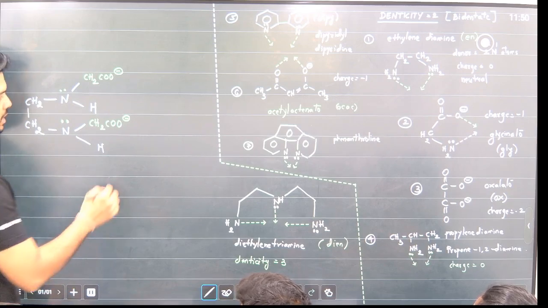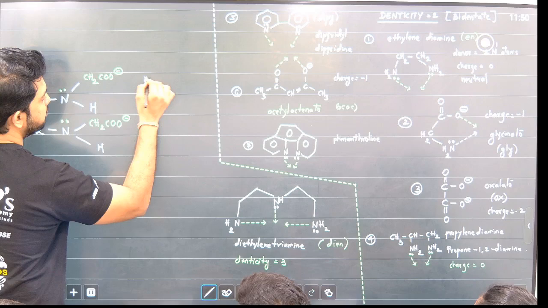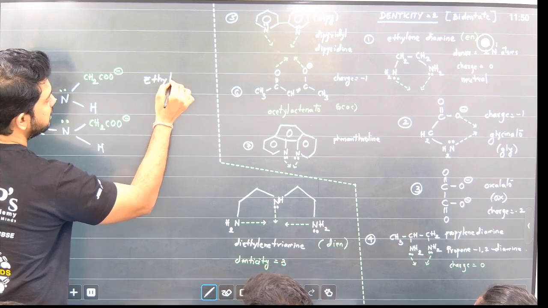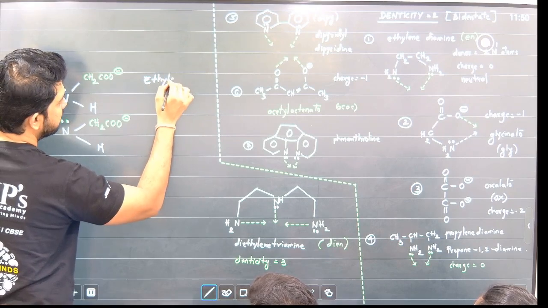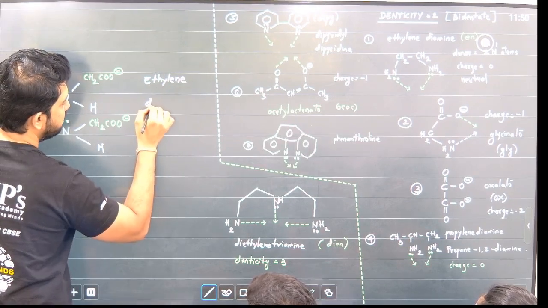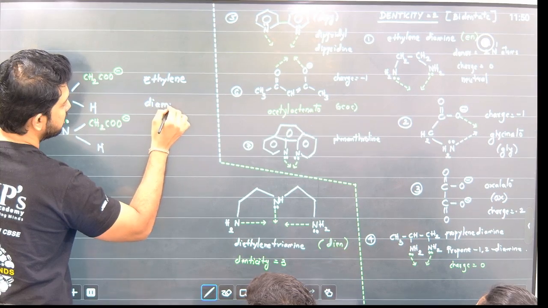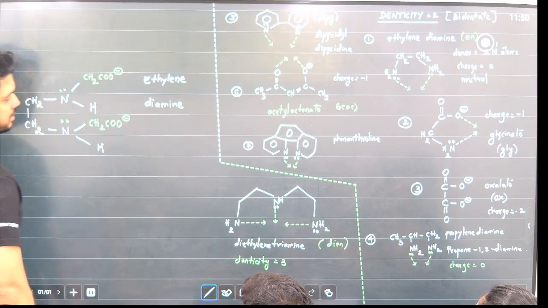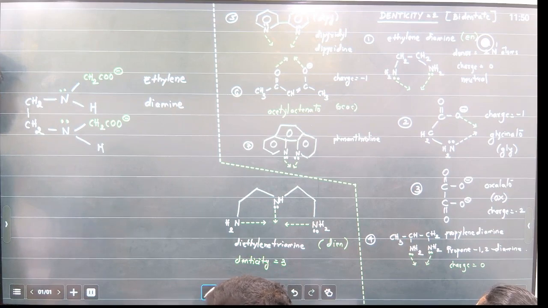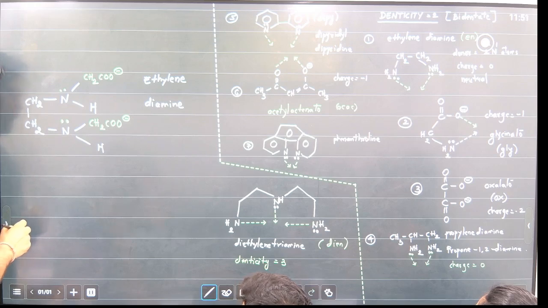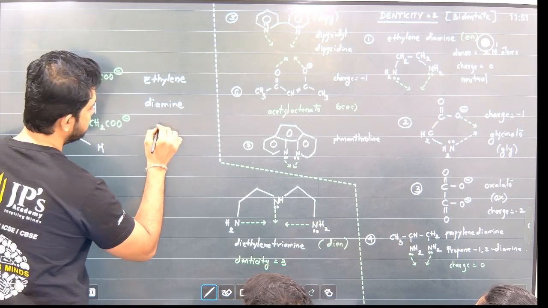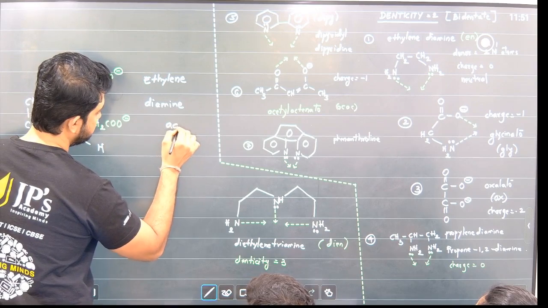Charge is -2. What is the denticity? 4. Give me the nomenclature. It started from ethylene diamine. What have we added? Acetate. How many? ठीक है.